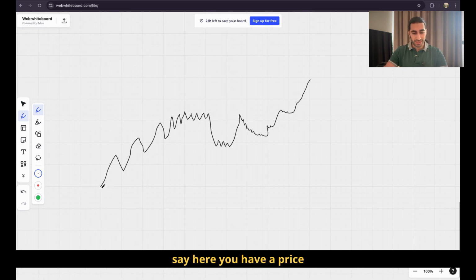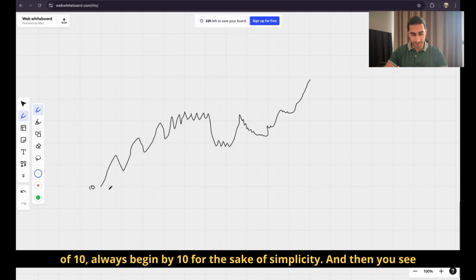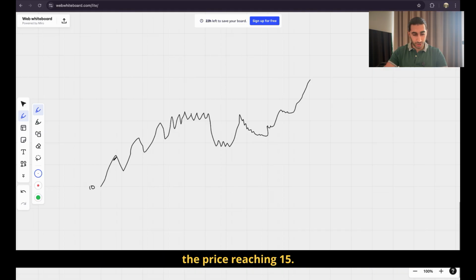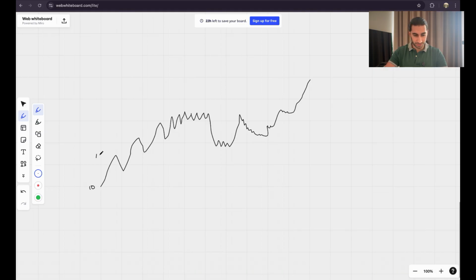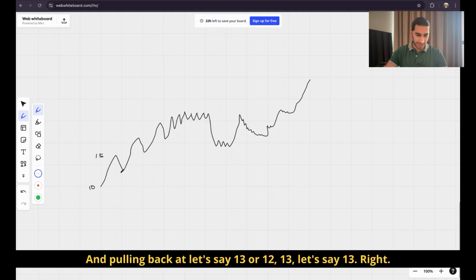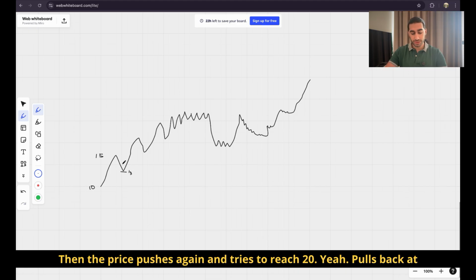So let's say here you have a price of 10. We always begin with 10 for the sake of simplicity. And then you see the price reaching 15 and pulling back at, let's say, 13. Then the price pushes again and tries to reach 20.